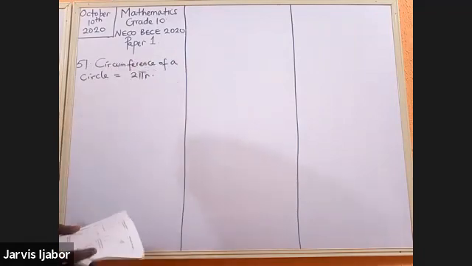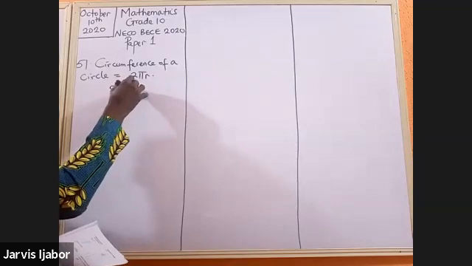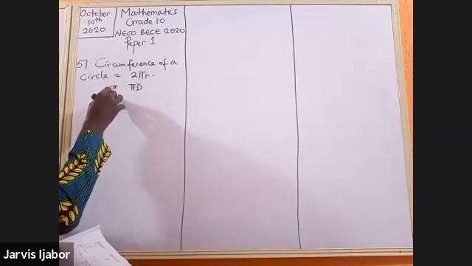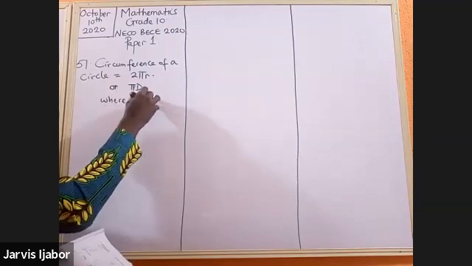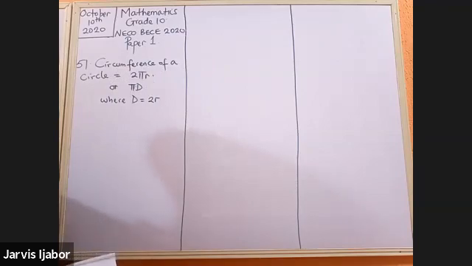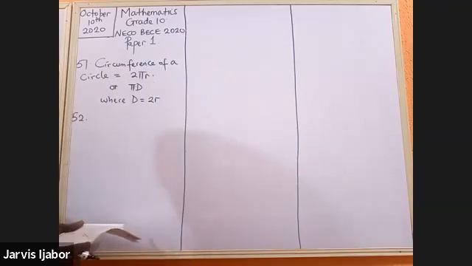Now that's the circumference of a circle. Another iteration could be pi d, where d is diameter and is equal to 2r. So the place of 2r is taken by d.